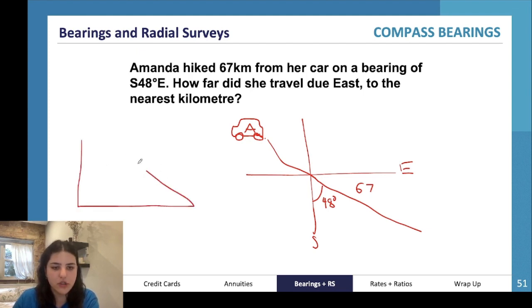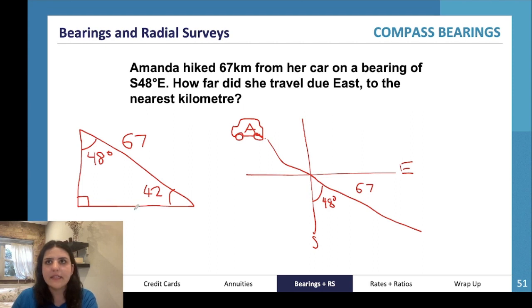What we need to do is draw a triangle. This is 90 degrees. This is 48, and we know that all the angles of a triangle add up to 180 internally. So we do 180 minus 90 minus 48. This other angle is going to be 42. And we know that this is 67 kilometers. This is the due east line that we're looking for, our piece of information that we're searching for.